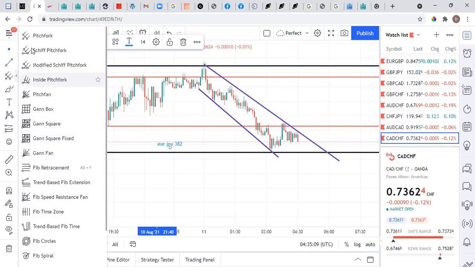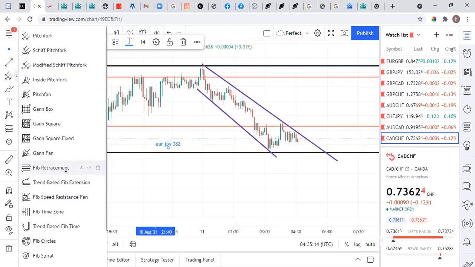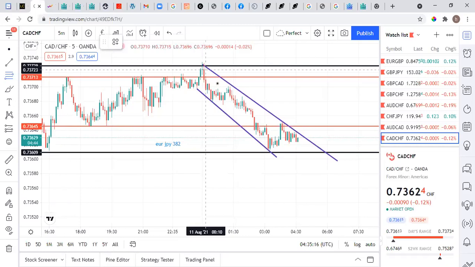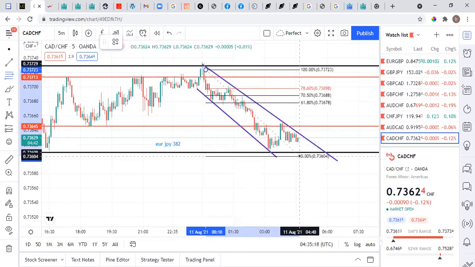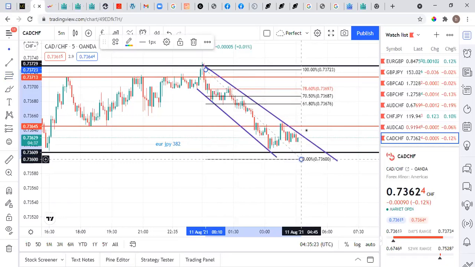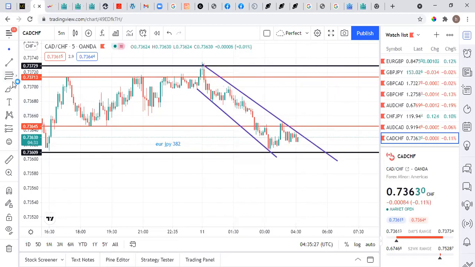There are some more complicated tools that you could use to analyze. For example, this one gives you an idea of price action, how it's going to hit. Go and watch your video on Fibonacci. There are so many other tools that you can also use, so I'm just going to leave that.